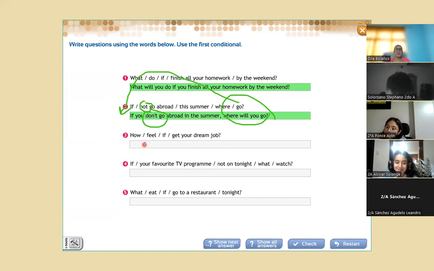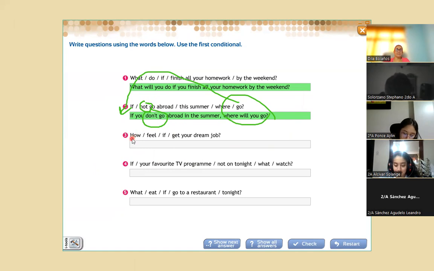Vamos. First conditional. Start. Remember, you're using the first conditional with will, and the form of the verb in present. If and the complement in present simple. How is the number 3?